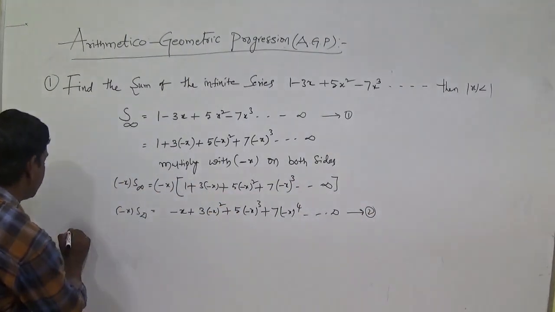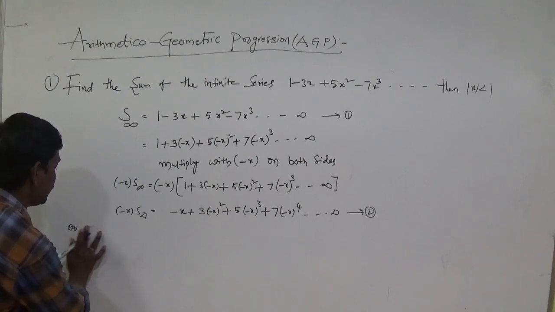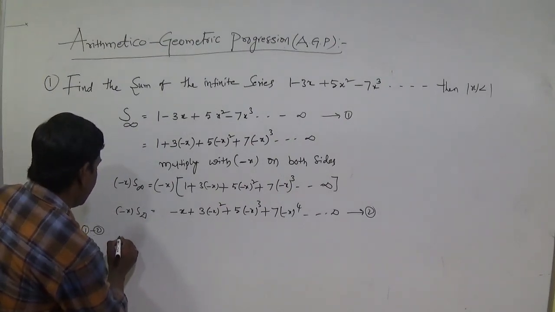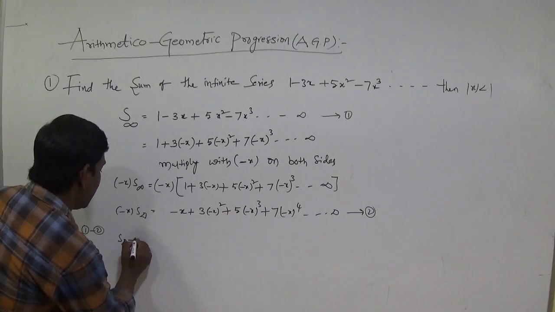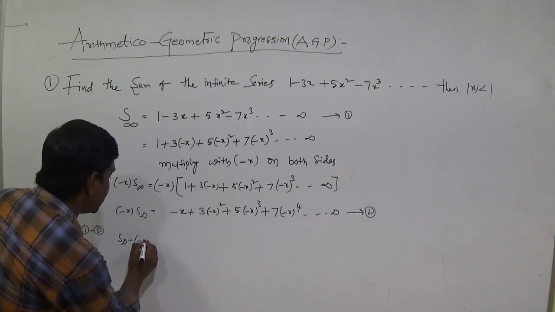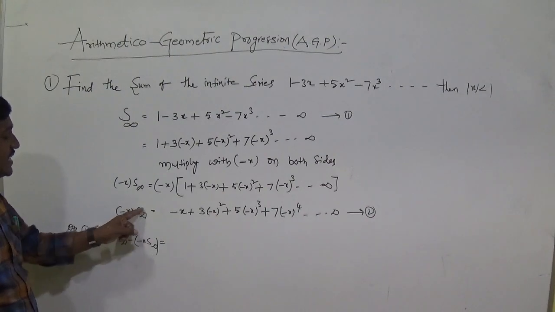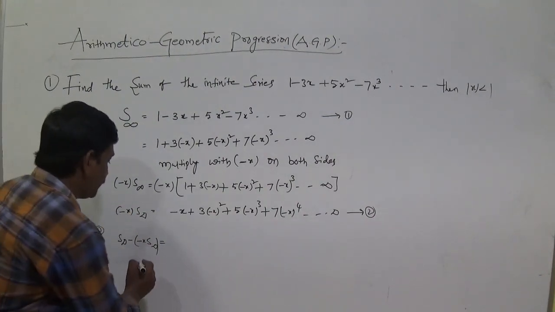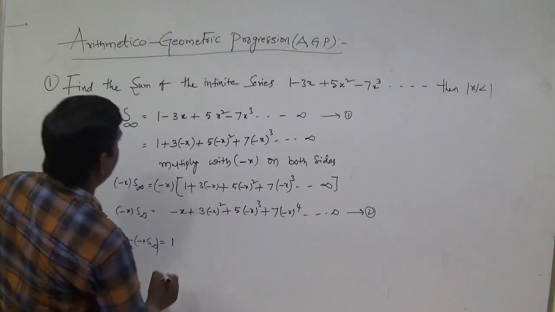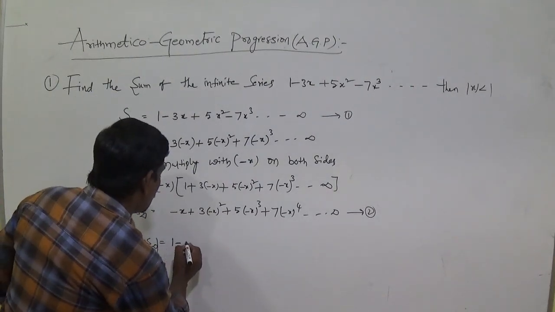Let's do equation 1 minus equation 2. Here 1 minus 2: S infinity minus minus x S infinity, that means S infinity plus x S infinity, equals 1 minus 3x plus x minus 2x.